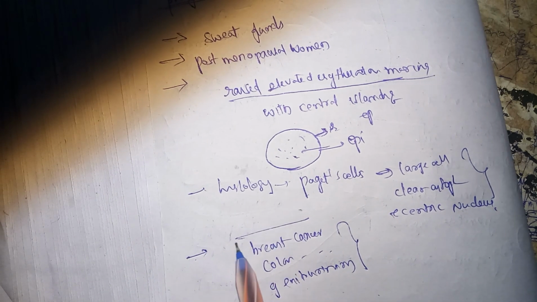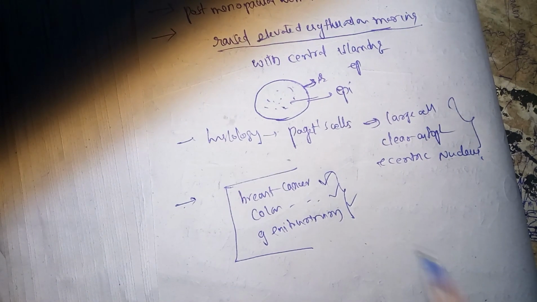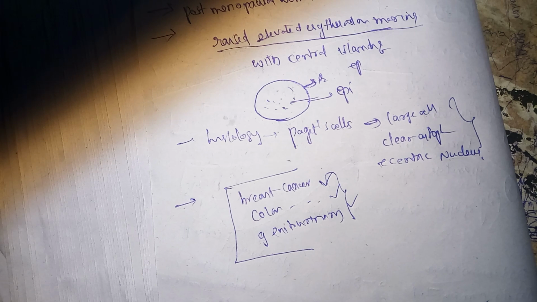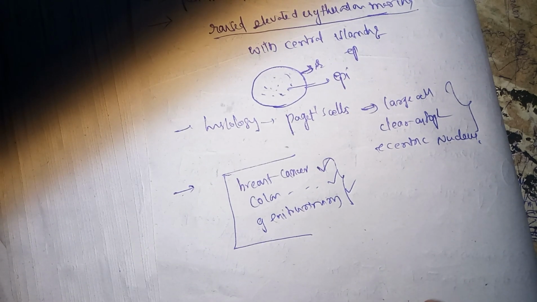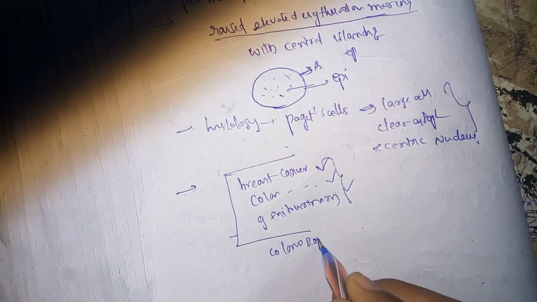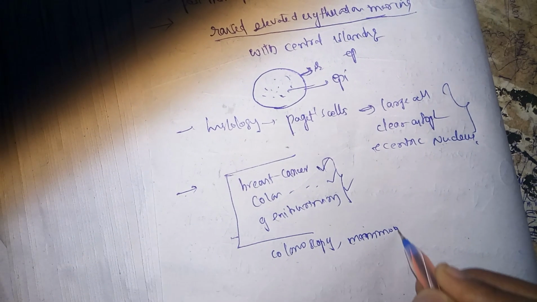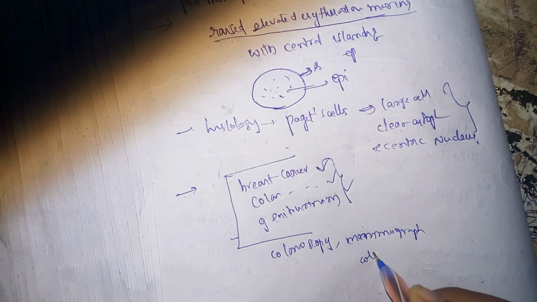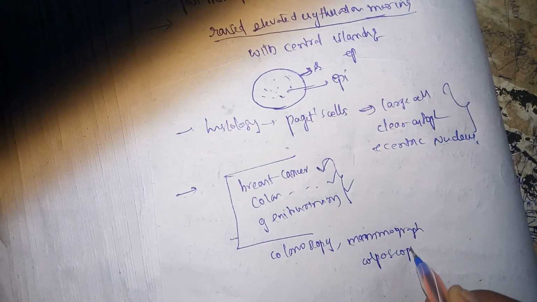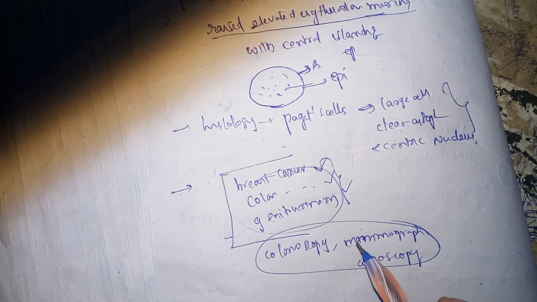When a patient comes with Paget disease, you will have to check for these diseases as well, because if you don't check, we may miss the diagnosis. So when a patient comes with Paget disease, you do colonoscopy, mammography and colposcopy to identify these neoplasias.